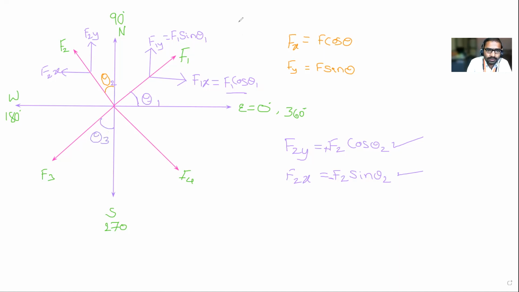This resultant F3 force is moving in this direction, with the x direction and the y direction as shown. Can you tell me what will be F3x and F3y?